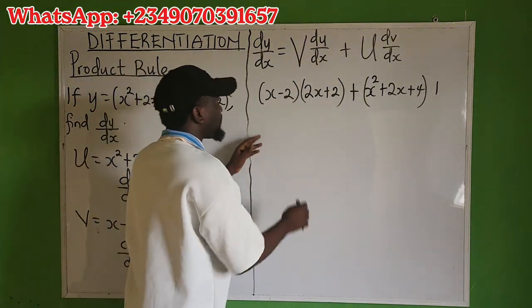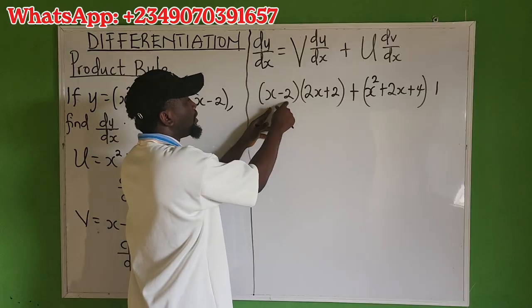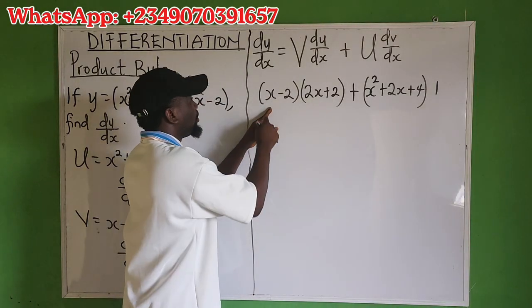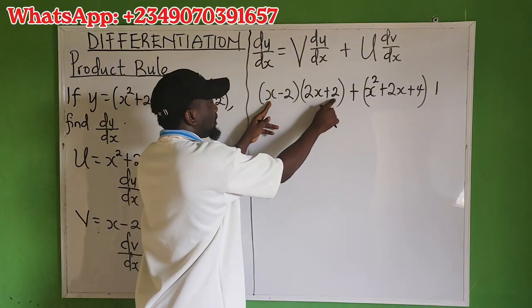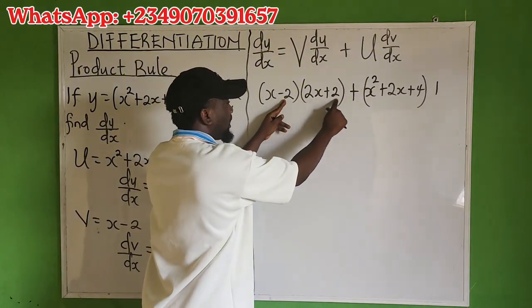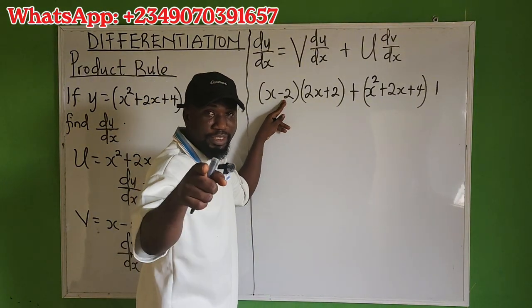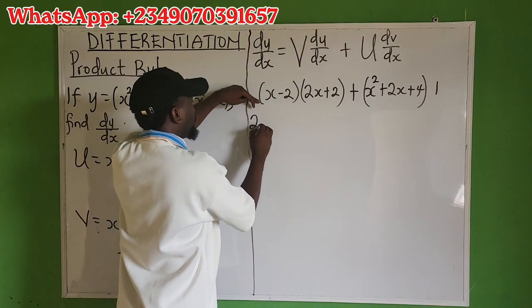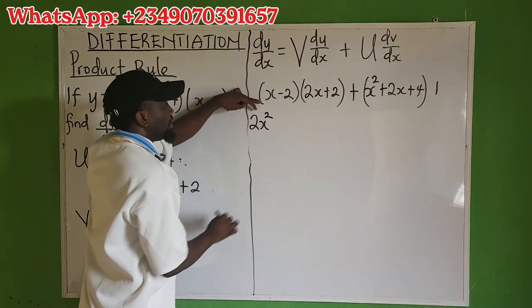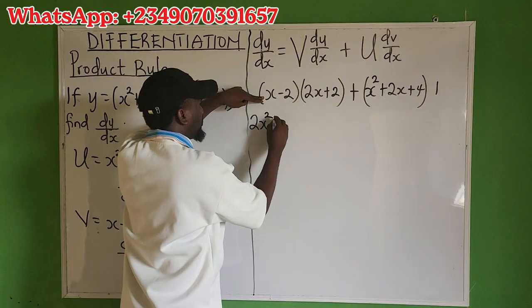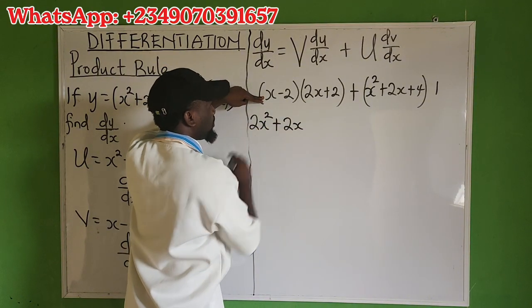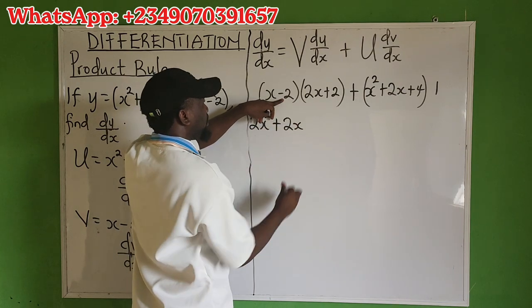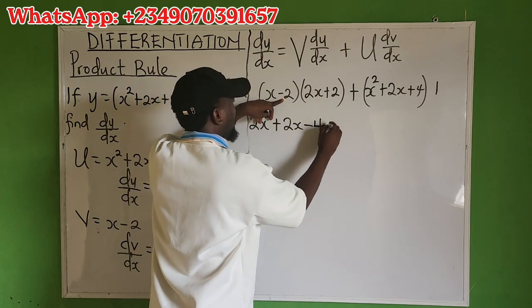So what's the next thing? We are going to multiply x minus 2 by 2x plus 2. To do that, use x to multiply this, then use negative 2 to multiply everything here. So x times 2x gives us 2x squared. Then x multiplied by 2 gives us 2x. Minus 2 multiplied by 2x is minus 4x.